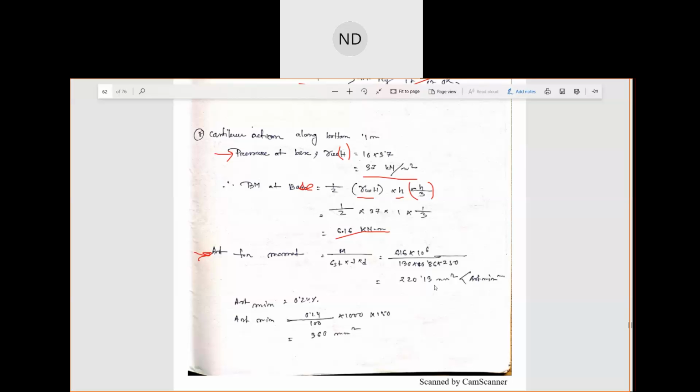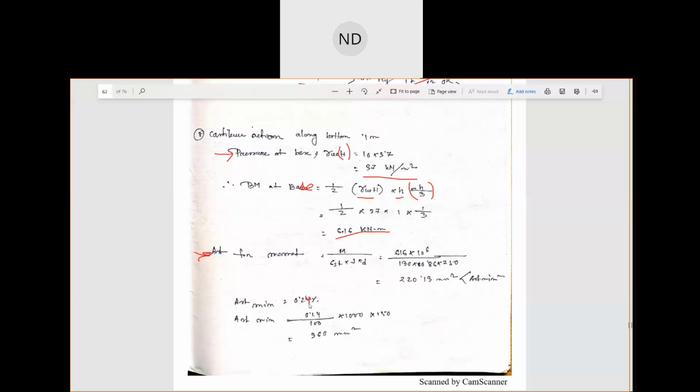So what will happen? The minimum area of steel is how much? 0.24%, we know.